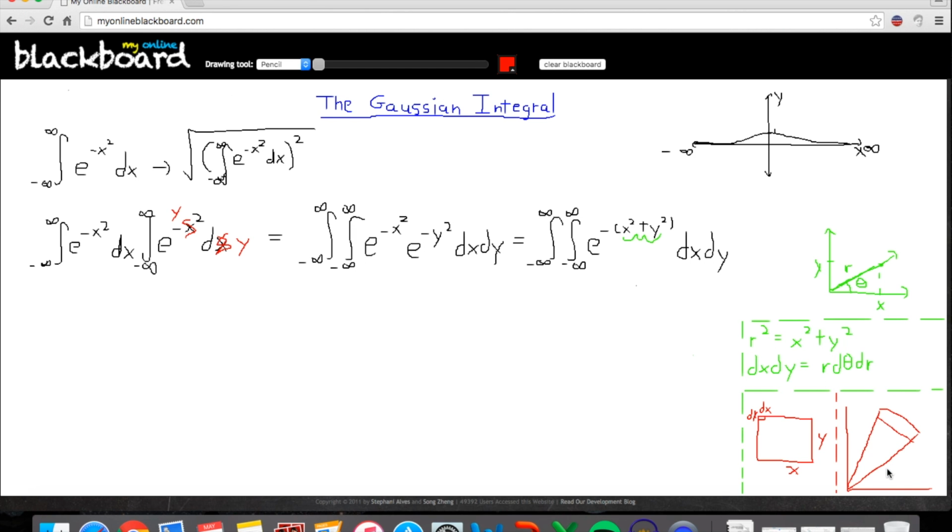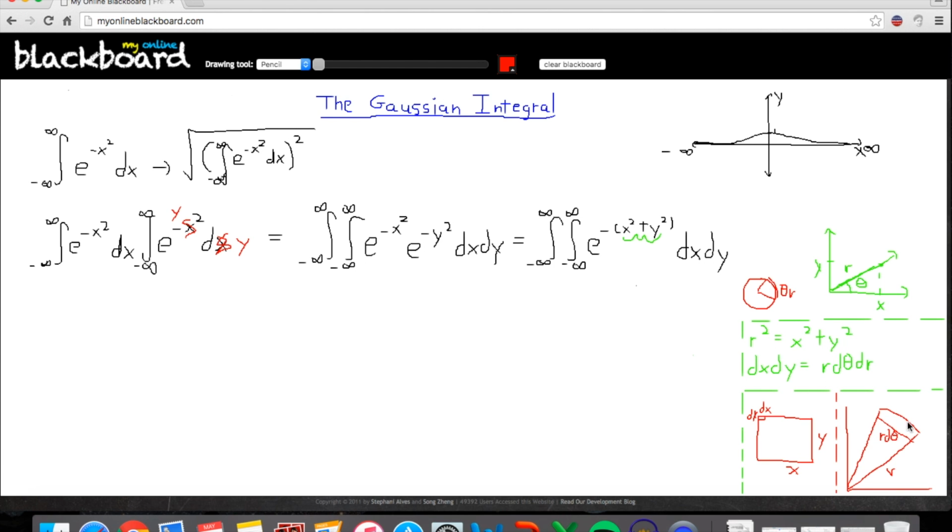So this is r. Now, this arc length is going to be r d theta, and this is based on the arc length of any circle. We have the measure in radians. If we look at a sector of a circle, the length of this sector is the angle in radians multiplied by r.